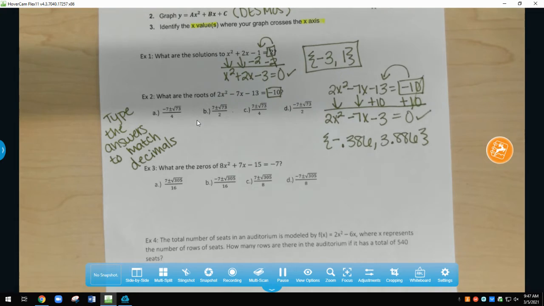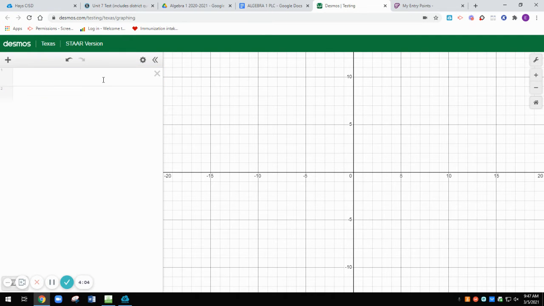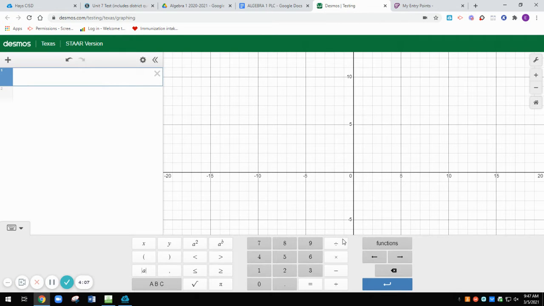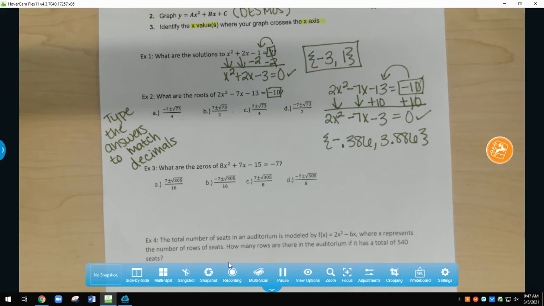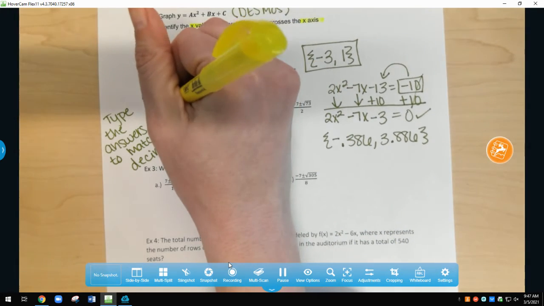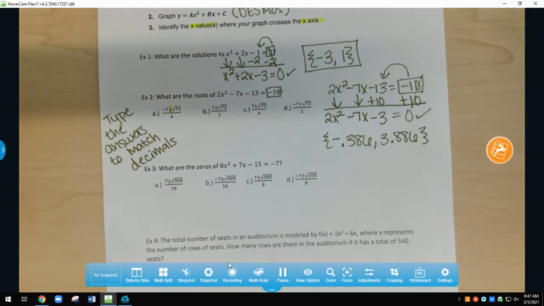Okay, so I'm going to start with A. And I'm going to go to Desmos, and since that's a big fraction, I'm going to go ahead and start by pressing divide. So at the top, we have a negative 7. Then you see that plus minus symbol. That tells me I'm going to need to put it in twice. I'm going to need to put it in once as a plus and once as a minus.